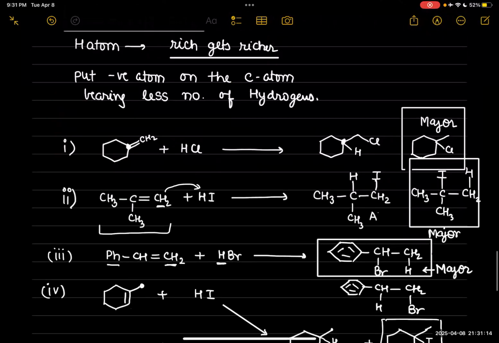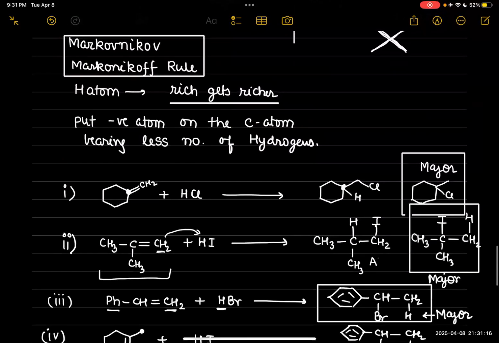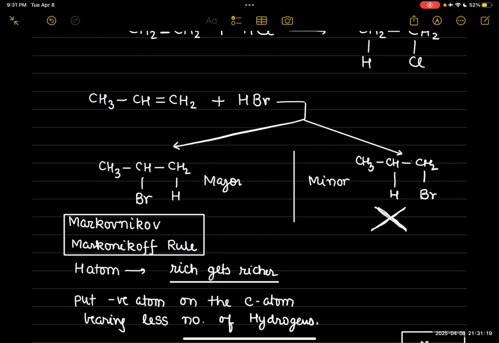So I hope this is clear. Major product is governed by Markovnikov's rule. This is known as addition of HBr, HX, addition of HI on alkenes. So today we discussed the general nomenclature and preparation of alkyl halides from alkanes by reacting them with halogens in the presence of sunlight. And by that, we also tried to understand how many different alkyl halides can form.